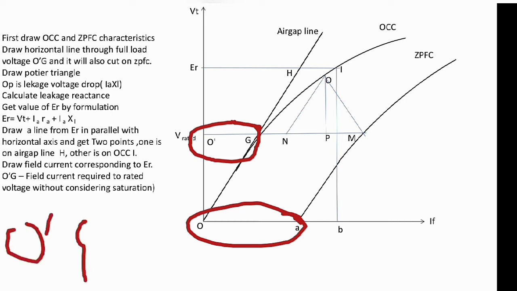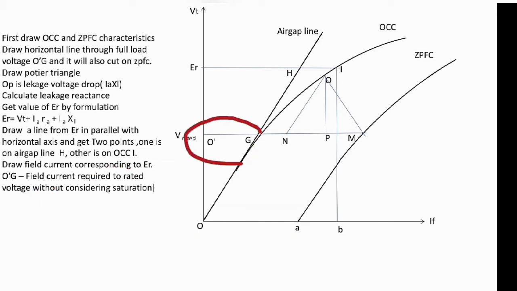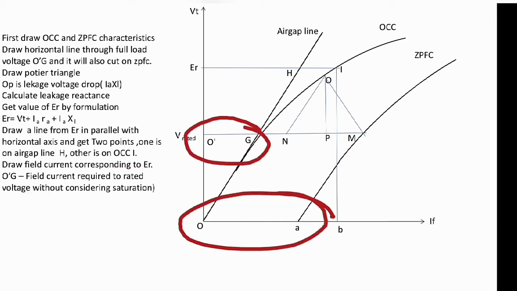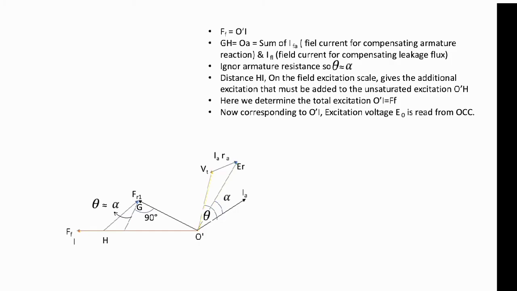Remember this: O dash G equals OA. OA is the sum of the field current for compensating armature reaction and the field current for compensating leakage flux.